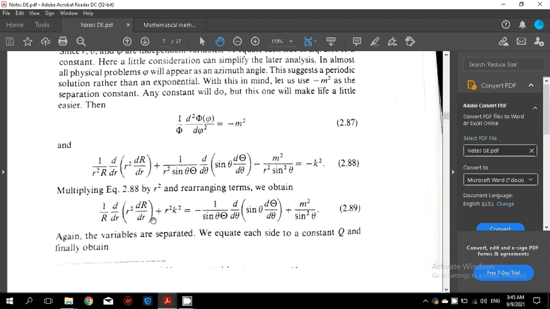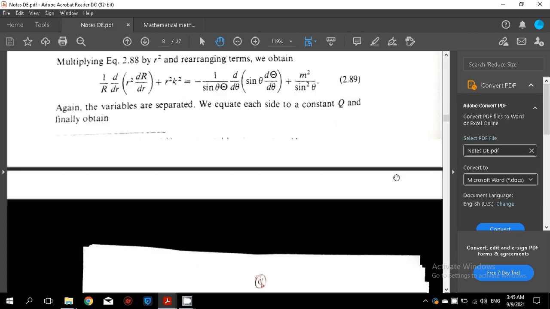So again we have the same situation in which we have one side of the equation dependent on small r, and the right hand side of this equation not dependent on small r. So we will have to introduce another constant, to write the left hand side equal to that new constant, and the right hand side also equal to the new constant.